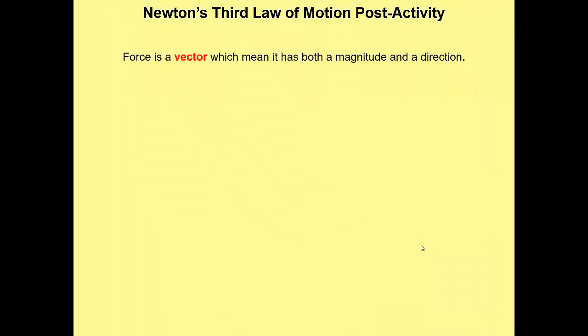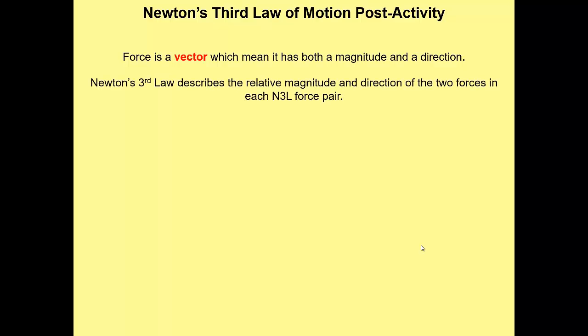Now, force is a vector quantity, which means it has both a magnitude, a size, if you will, and acts in a particular direction. Newton's third law talks about the magnitude and direction of those two forces in every Newton's third law pair, shorthand here, in every interaction. Well, magnitude-wise, you saw a lot of examples in the lab.